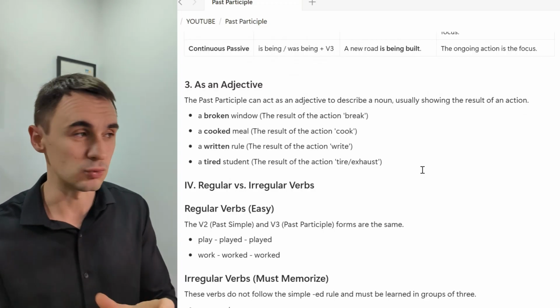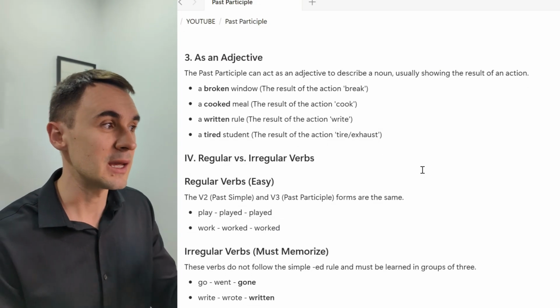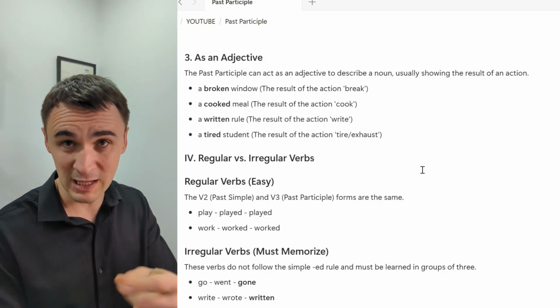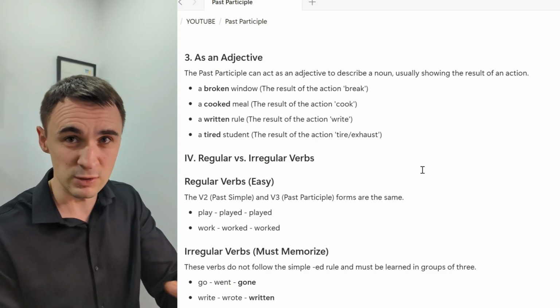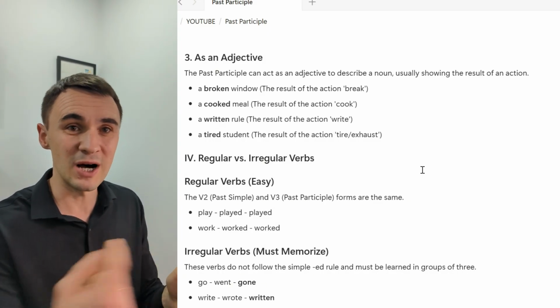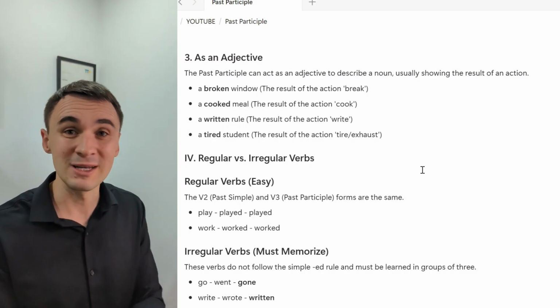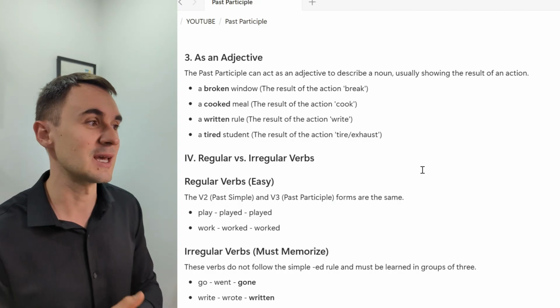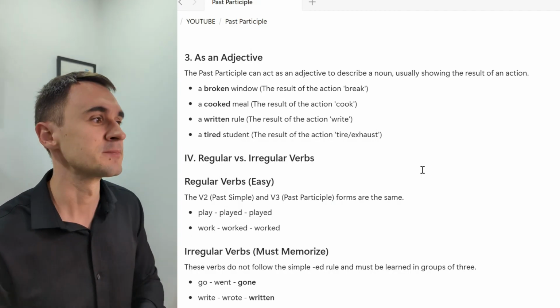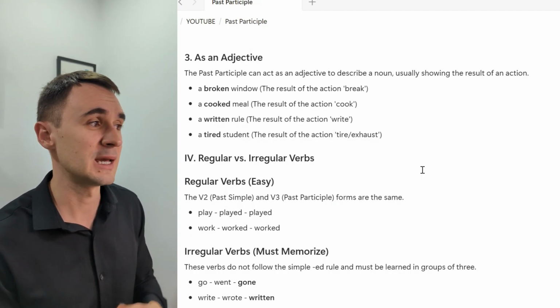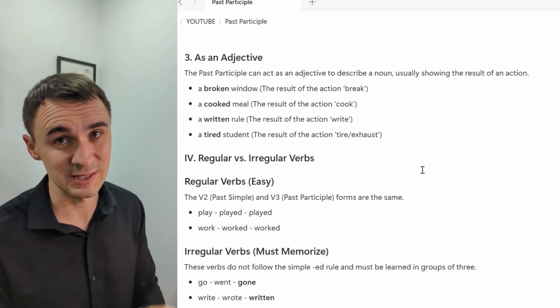A written rule. And the last one, a tired student. Now we have the verb to tire someone or to exhaust, yeah? So tired is the third form of the verb tire. Tire is a regular verb, so in this case we just add ed, yeah? And tired becomes an adjective.